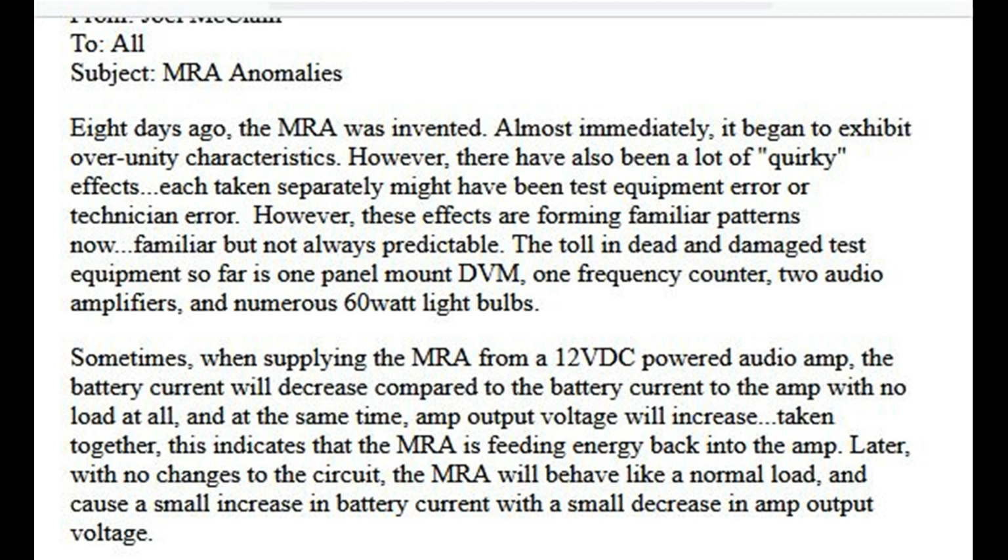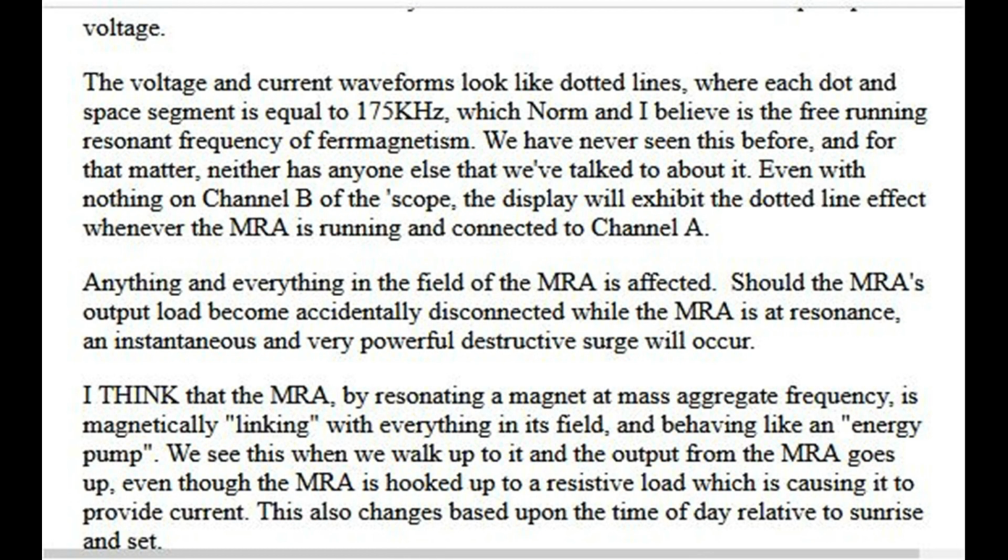The voltage and current waveforms look like dotted lines, where each dot and space segment is equal to 175 kHz, which Norm and I believe is the free-running resonant frequency of ferromagnetism. We have never seen this before, and for that matter, neither has anyone else that we've talked to about it. Even with nothing on channel B of the scope, the display will exhibit the dotted line effect whenever the MRA is running and connected to channel A.